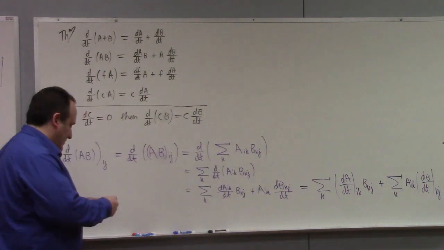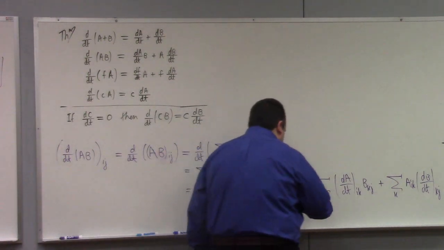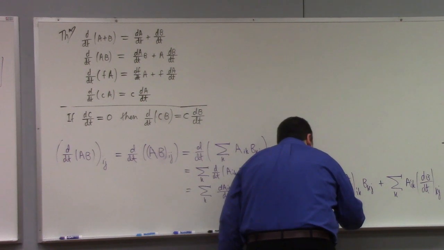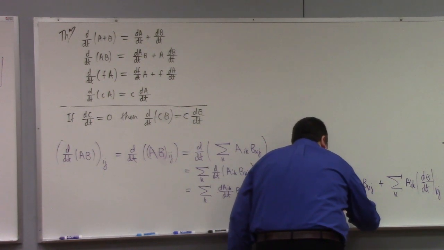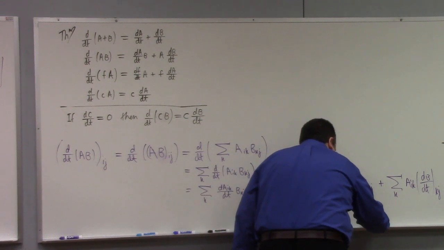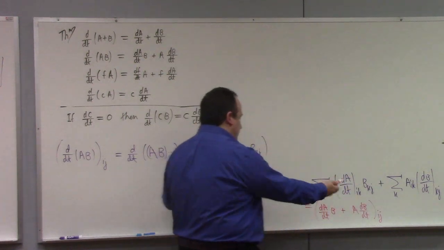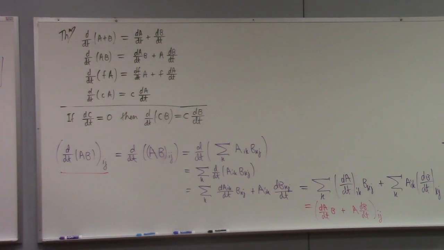But what are we looking at? That's nothing more than dA/dt times B plus A times dB/dt, the ijth component of that. But if these two things are equal for the ijth element, then they're equal. So that's how we prove it. Every one of these rules is proved like this.